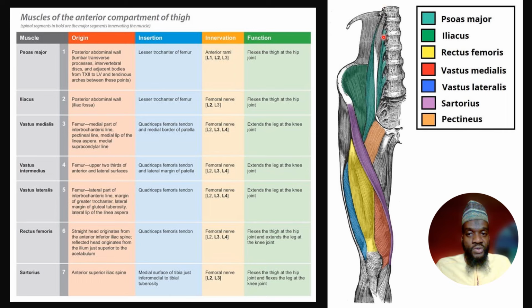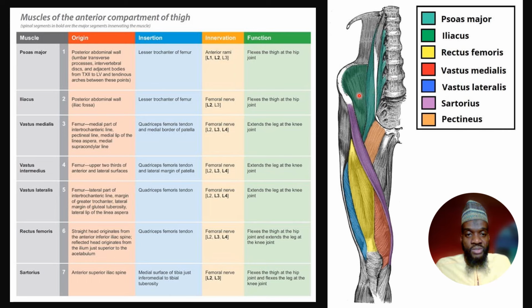So this is the point of origin of the psoas major, and it goes all the way to insert into the lesser trochanter of the femur. Its major function is the flexion of the hip joint.